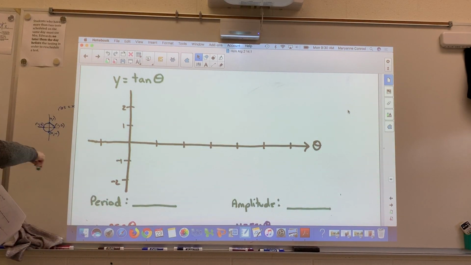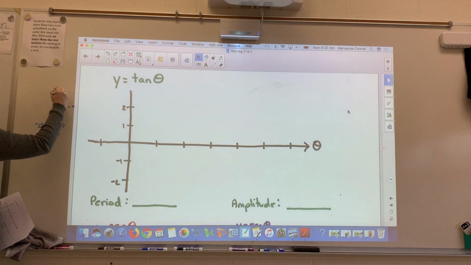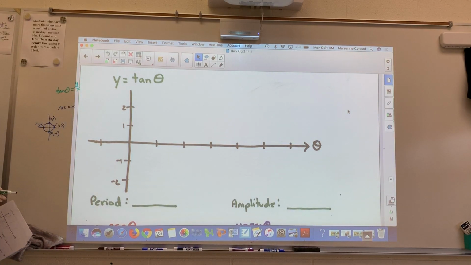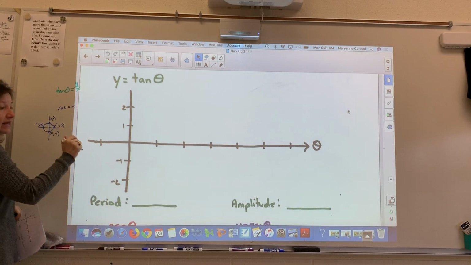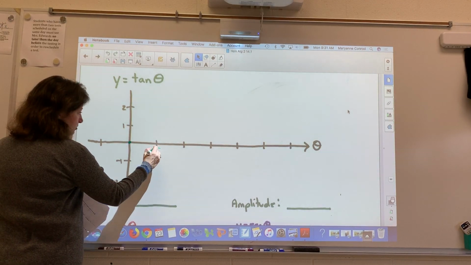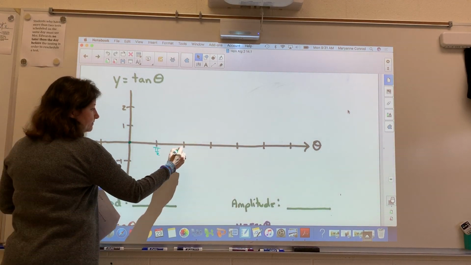As we move around the unit circle, what is tangent equivalent to? It's equivalent to the y coordinate divided by the x coordinate. So a tangent of 0 degrees, we would do 0 divided by 1, which is 0. I'm going to do radians for all of these.